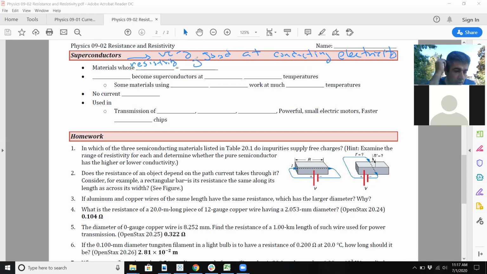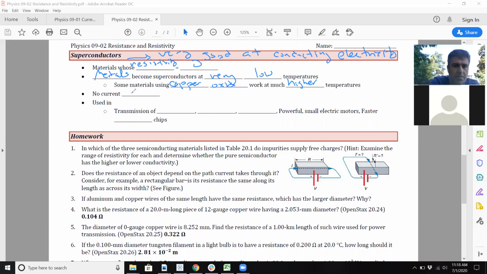Resistivity is essentially 0. Metals can become superconductors at very low temperatures. Some materials using copper oxide work at much higher temperatures, because sometimes you can't achieve those low temperatures.